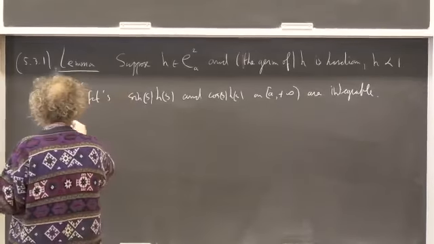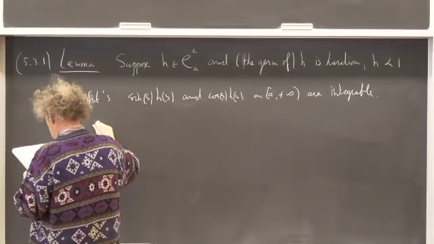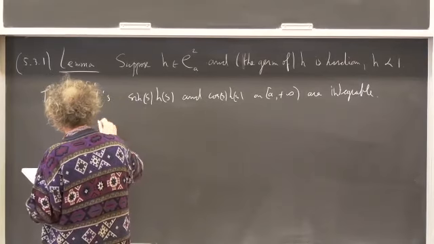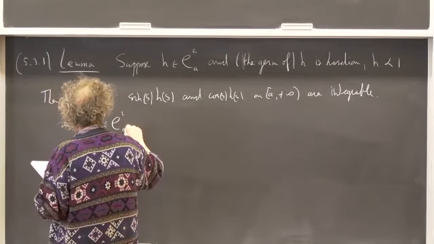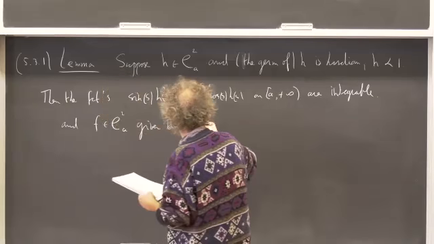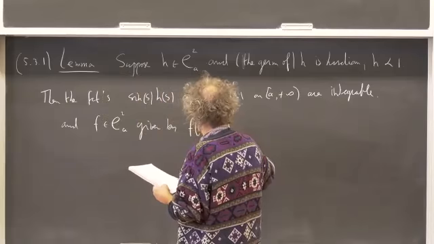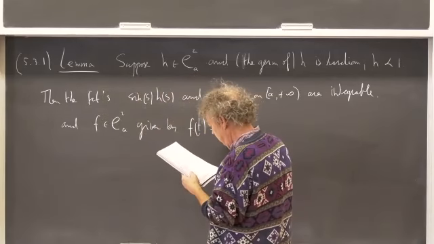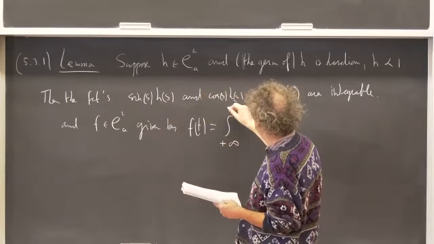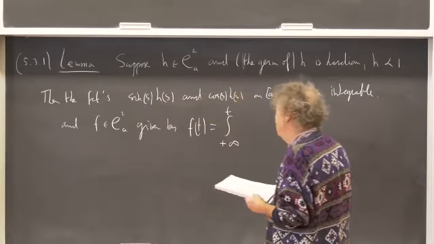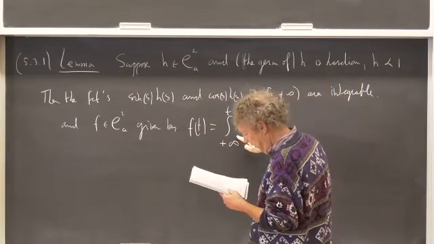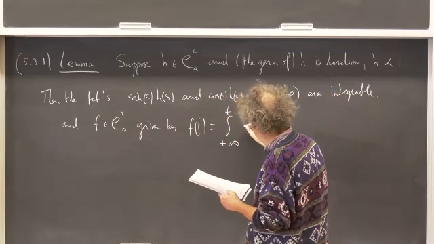And then the function f in C^2_a given by the usual integration, f(t) is the integral, now you see, I integrate from plus infinity to t in order to get something that goes to 0 as t goes to infinity, of sin(t - s) h(s) ds.